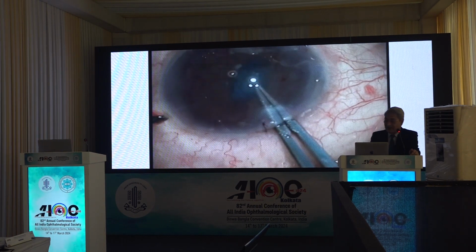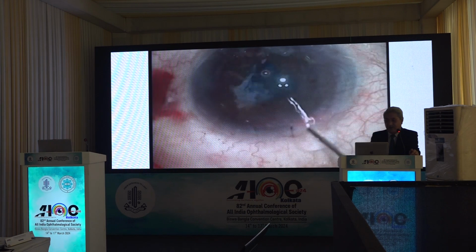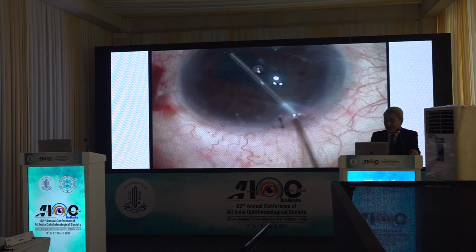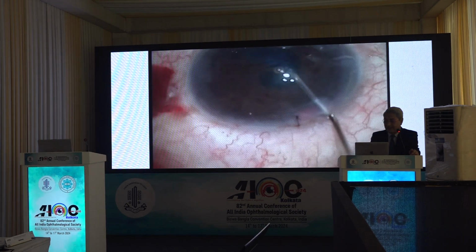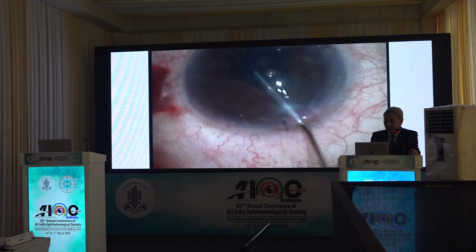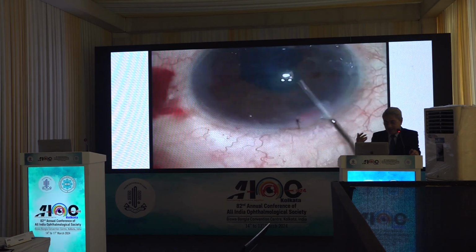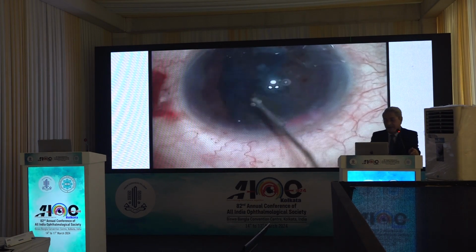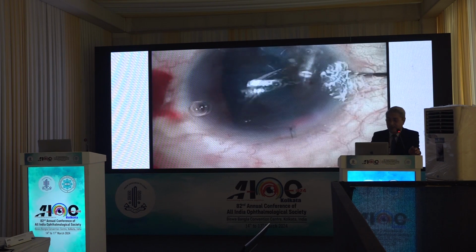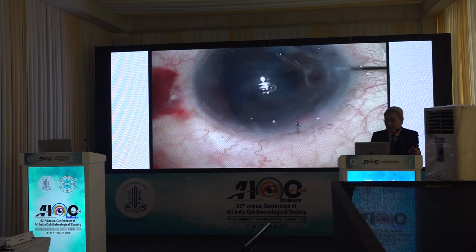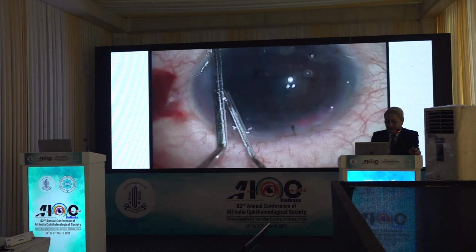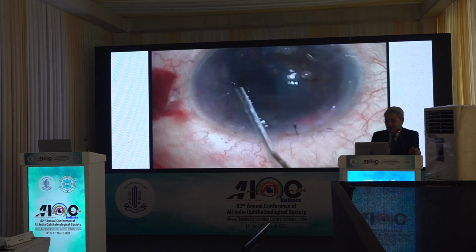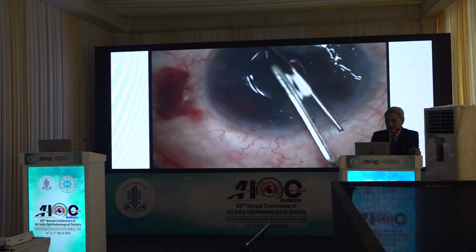The DMEK roll is there, so I take it forward into the anterior chamber and then take the whole graft into the anterior chamber. This time I was very careful and slow in tapping and sweeping movement, and then with a little tap from the periphery I could open the graft.